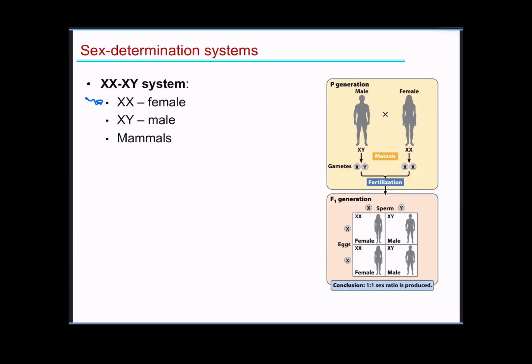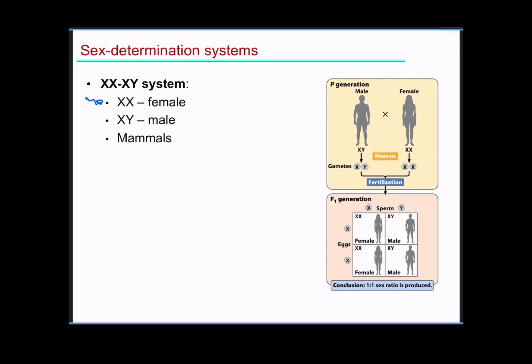And then XY individuals will have male reproductive organs and gametes. And this applies to all mammals, right? We'll see how other types of animals have different sex determination systems, and we'll describe those briefly.